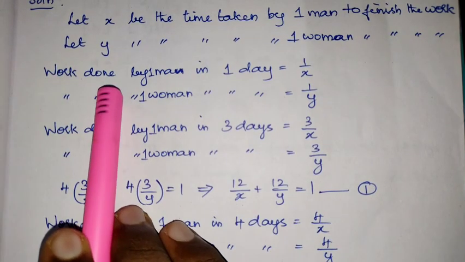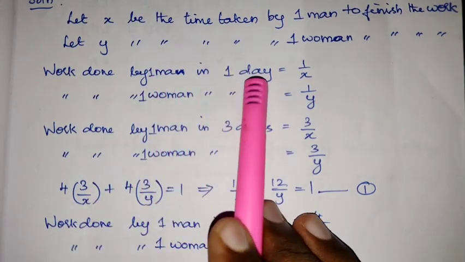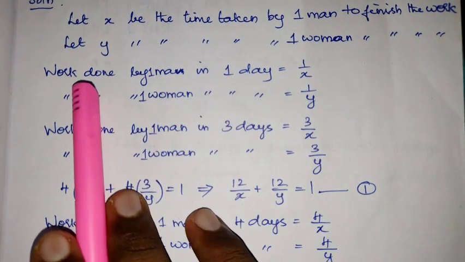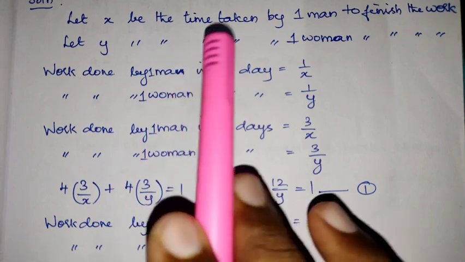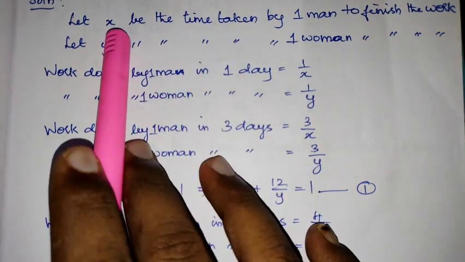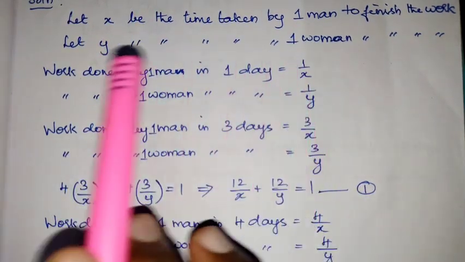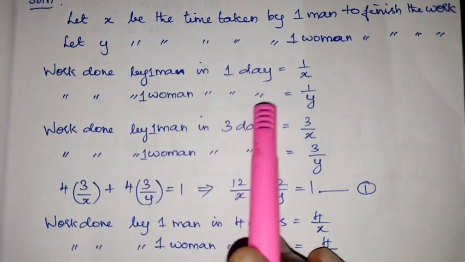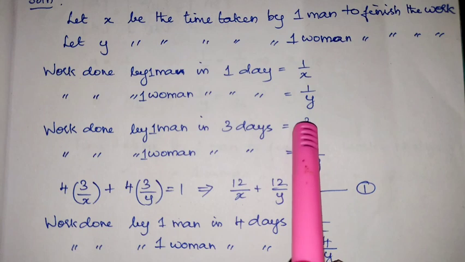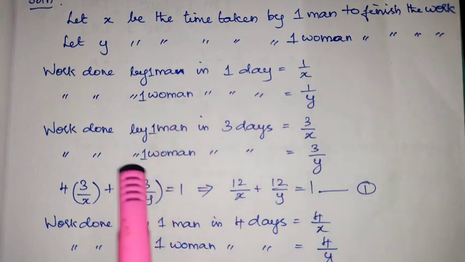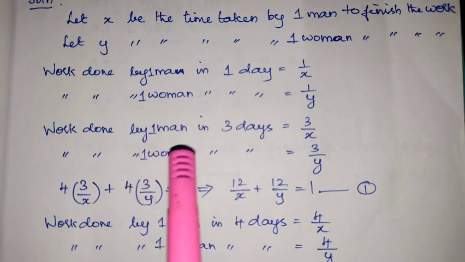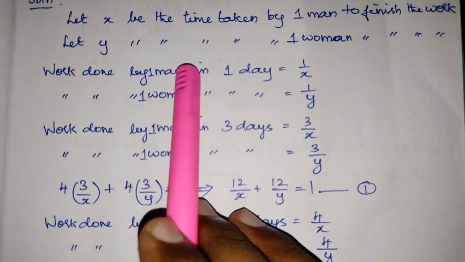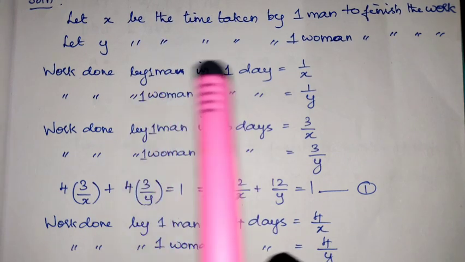Now, work done by one man in 1 day is the fraction 1 by x. The same way, work done by one woman in 1 day is equal to 1 by y. Now, in the question it is given that the men and women are working for 3 days.